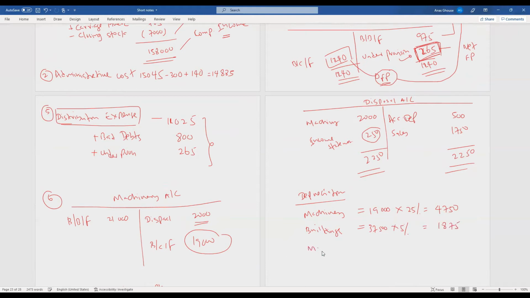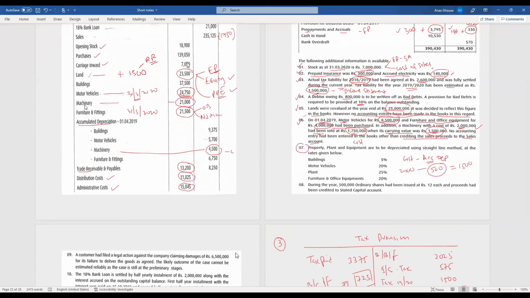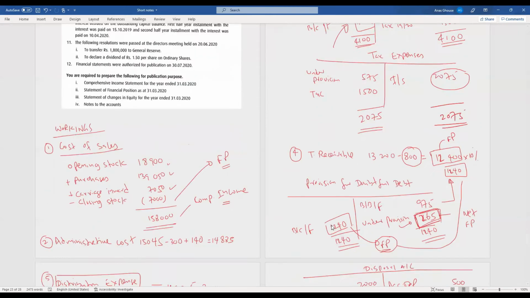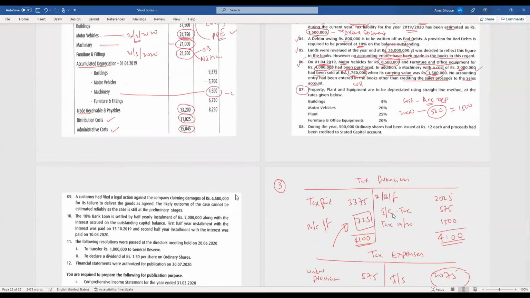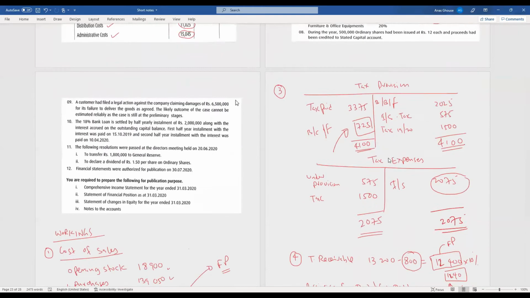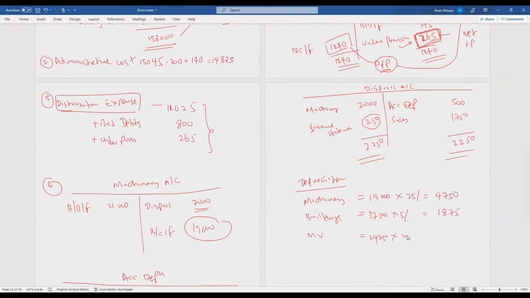Then let's take the motor vehicles. You can see 24,750,000. As I explained, you can calculate the full depreciation since the purchases were done at the beginning of the year. Motor vehicle is 20% depreciation. So 20% on 24,750,000 will be 4,950,000. Then finally, we have furniture and fittings.